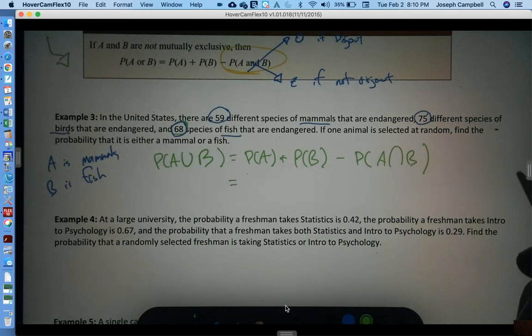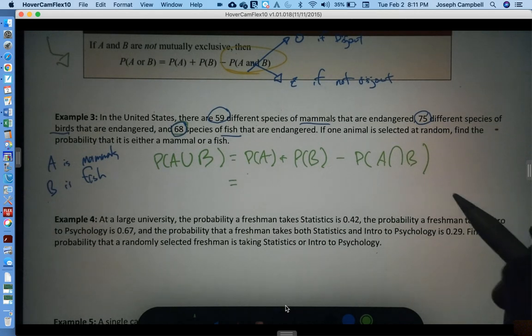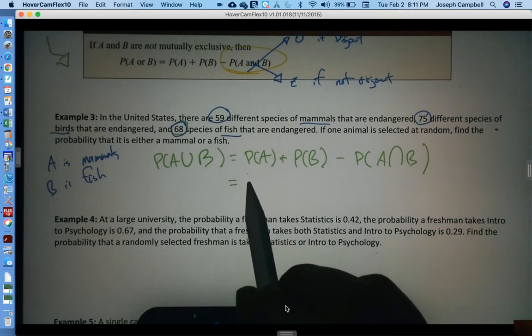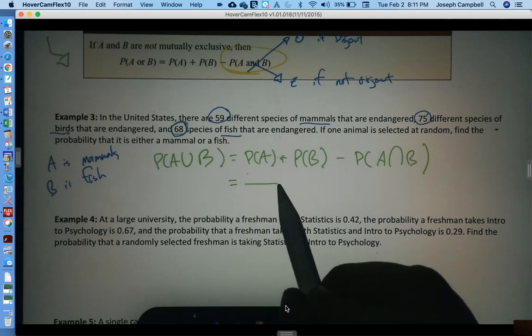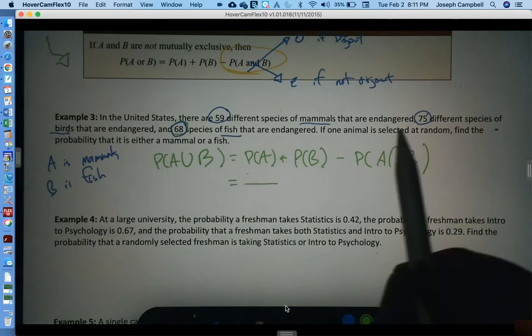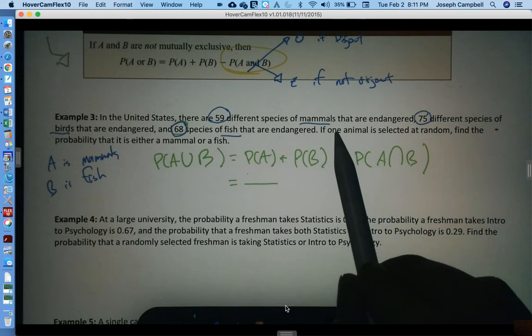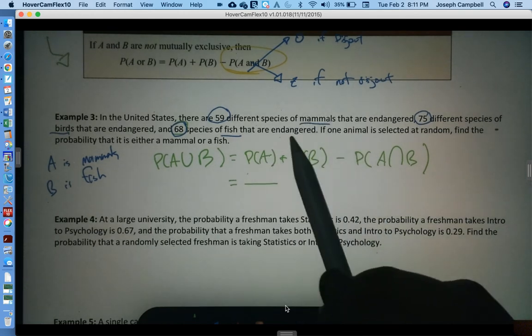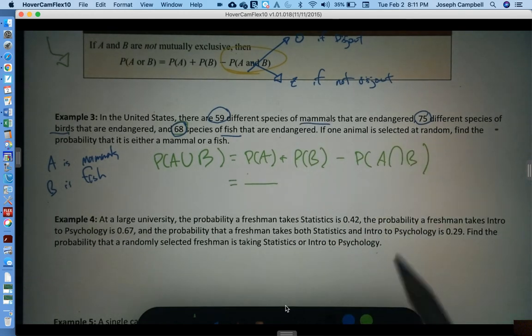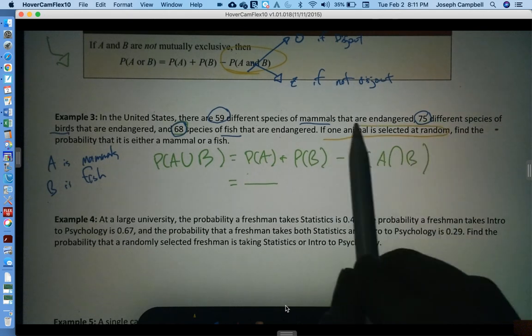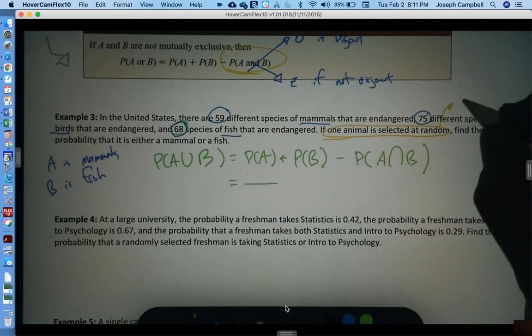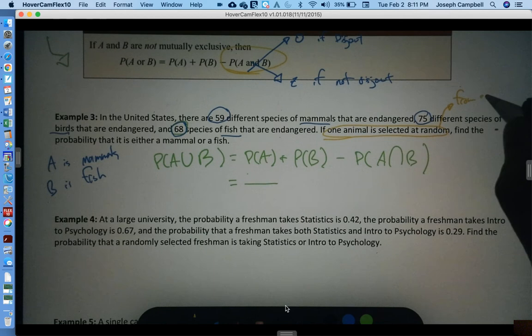So I'm trying to decide what's going to be the denominator here. I guess we're selecting from all the different endangered animals, so we're going to go ahead and assume that. We're going to say from the endangered pool.